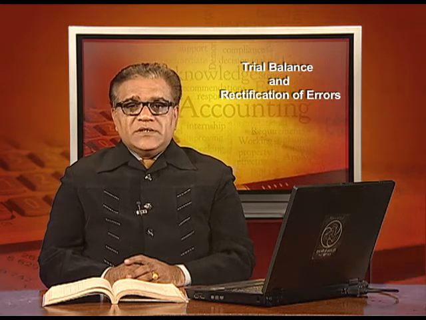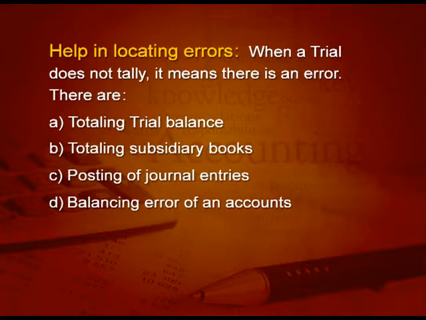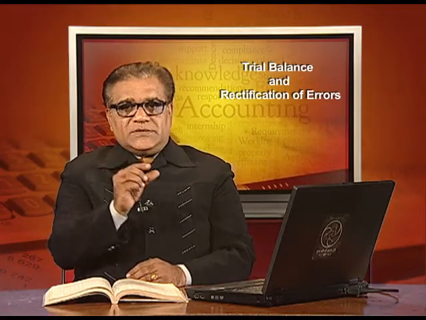Subsidiary books means purchase return, purchase book, sale return, sale book, all these kind of books. And third point, there can be an error in posting of journal entries. Next, there can be an error of balancing of an account, and the next error can be in carry forward of the balance to the trial balance, like account balance to the trial balance, there can be an error.